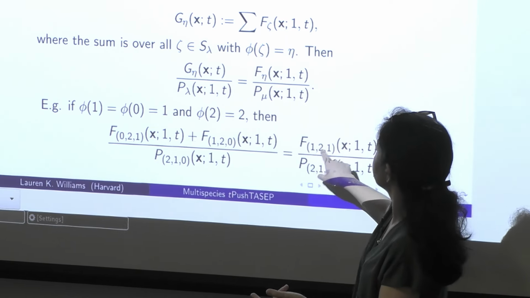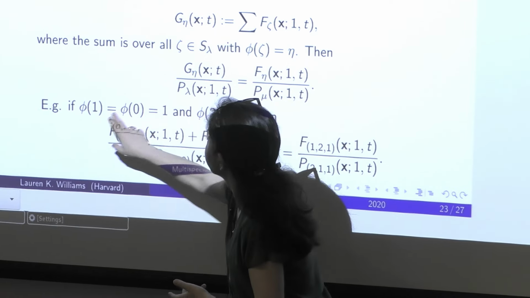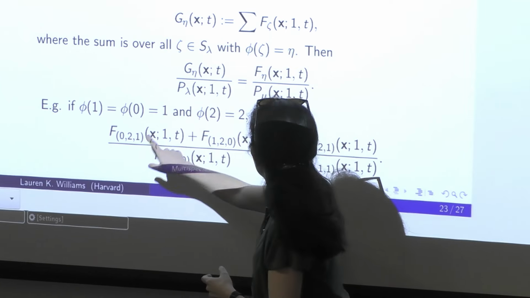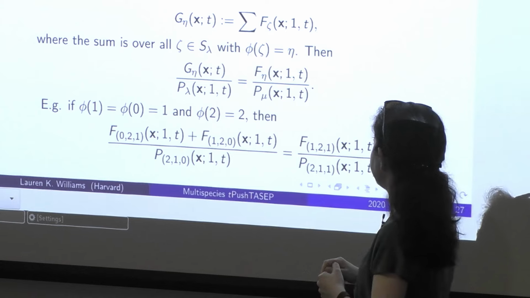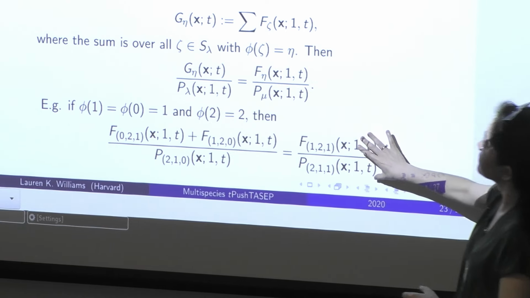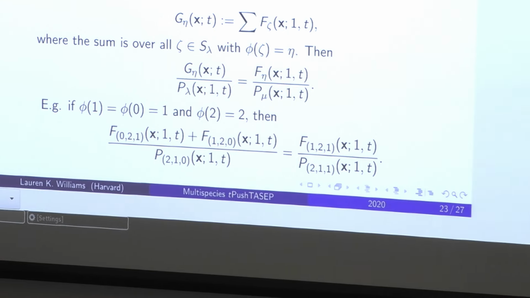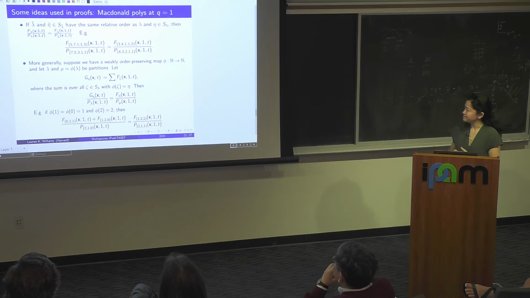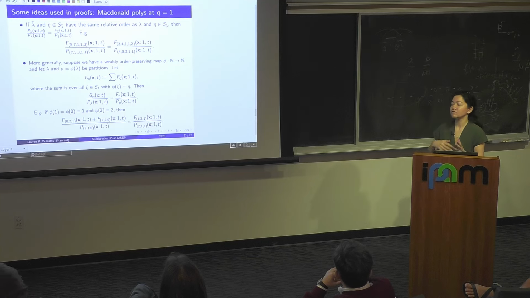What maps to 1, 2, 1 are exactly, since I'm mapping both 1 and 0 to 1, 0, 2, 1 and 1, 2, 0. So this is the appropriate analog of this statement up here. Okay, so this is really the Macdonald analog of recoloring for the t-PushTASEP.